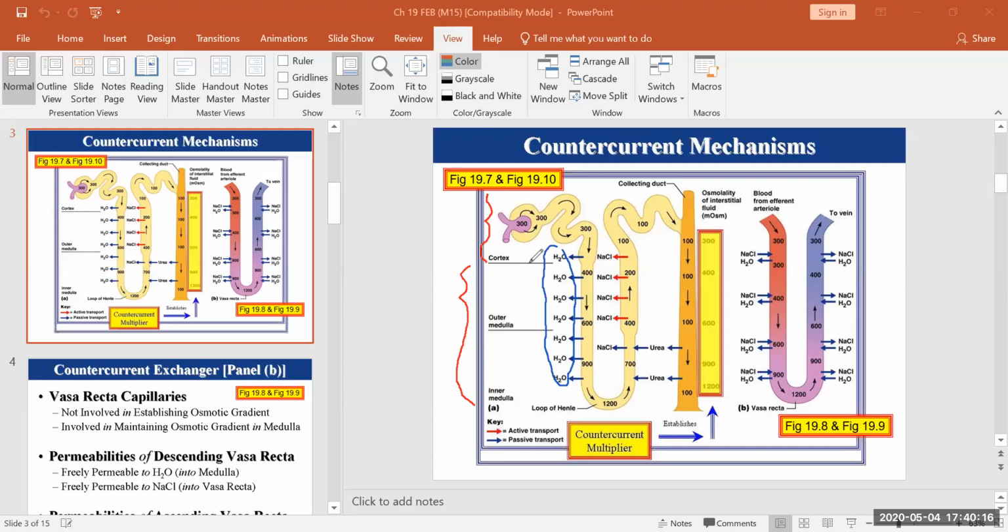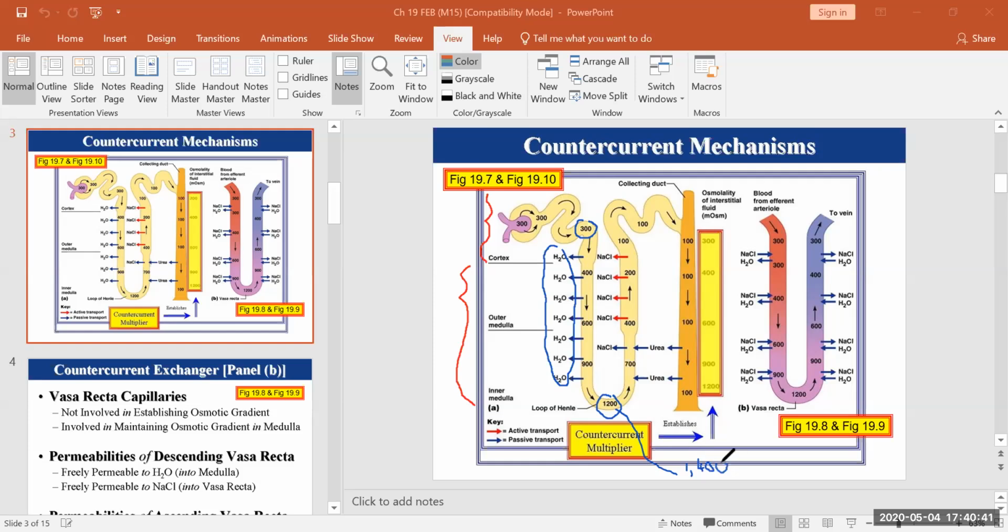The descending limb of the loop of Henle is concentrating that filtrate, which is moving deeper and deeper into the inner renal medulla. So we are concentrating from 300 all the way up to 1200. It can go as high as 1400.